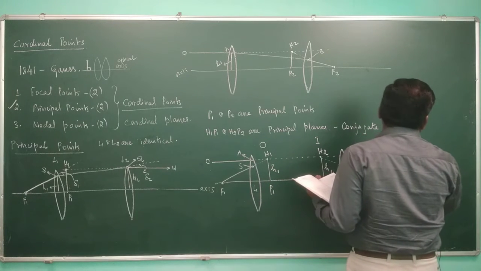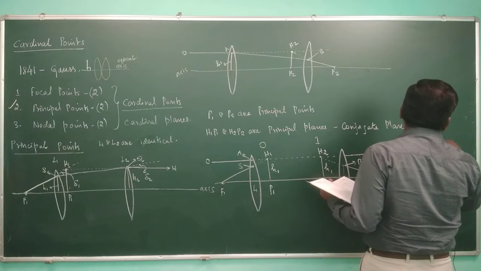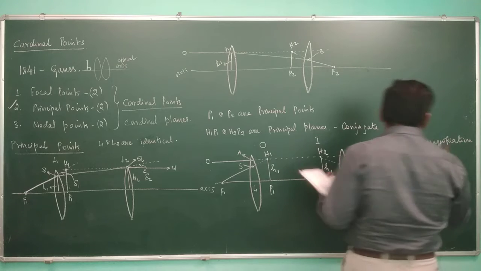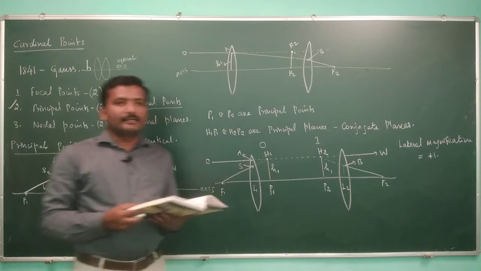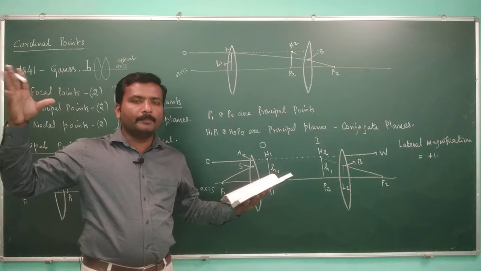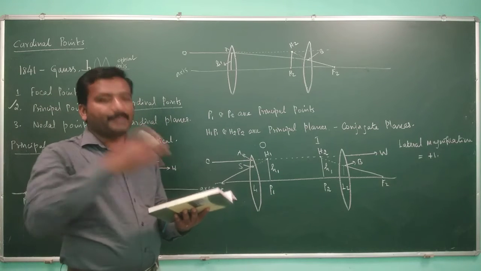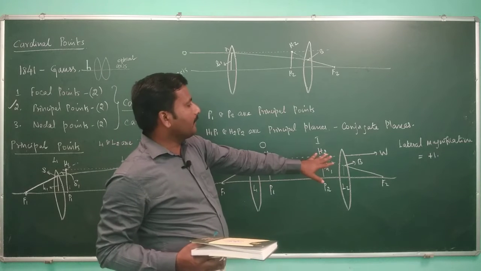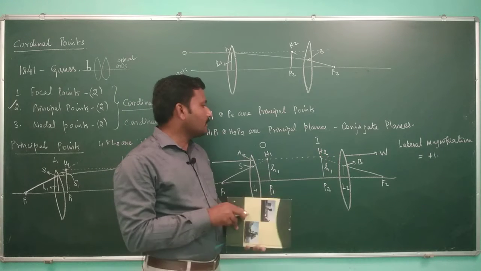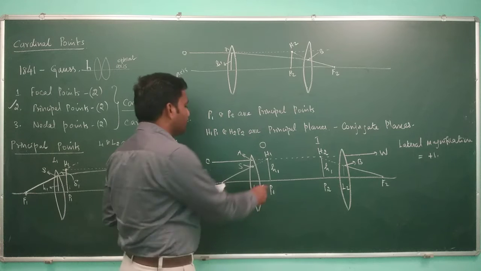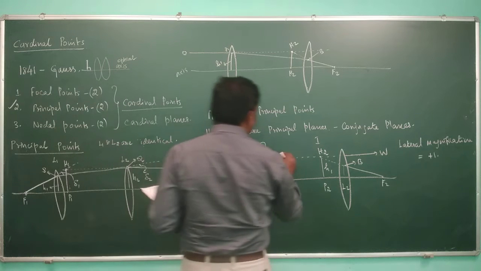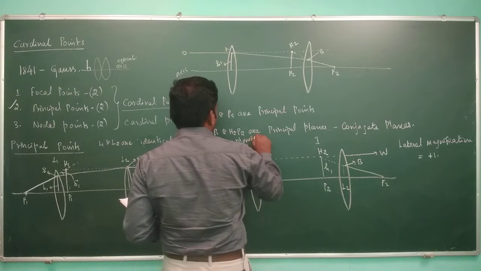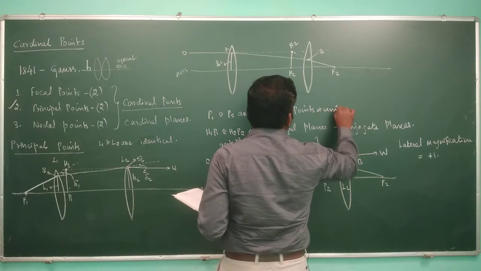So the size of the image is neither blown up nor shrunk; it appears as it is. As the lateral magnification is unity, these planes are called unit planes, and these points are called unit points.